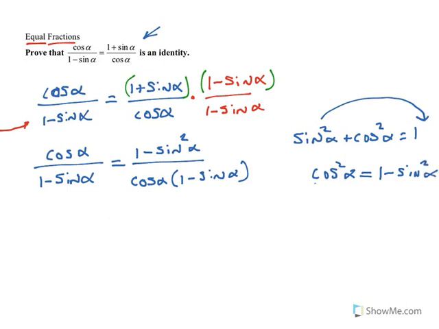So the 1 minus sine squared that we have in the top of our fraction, we can just replace it with a cosine squared. So we're now going to have cosine squared up top, over cosine alpha.